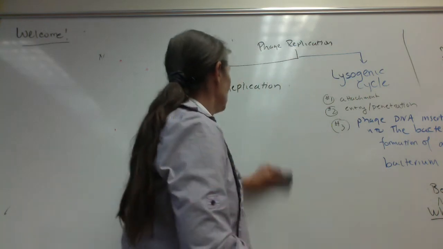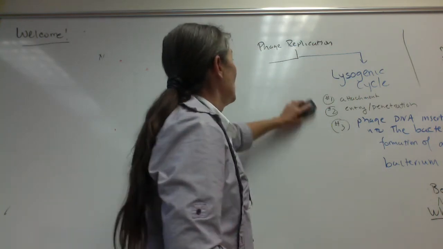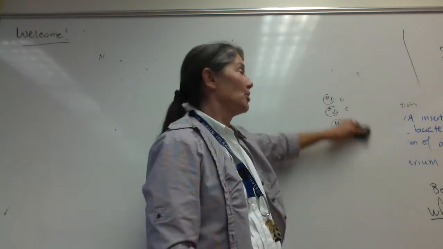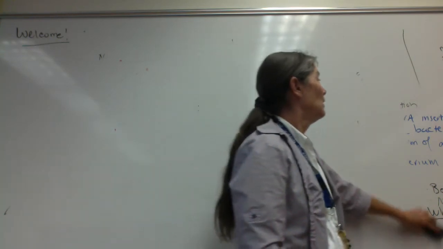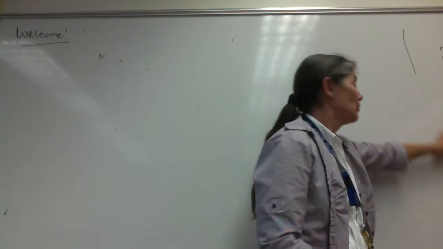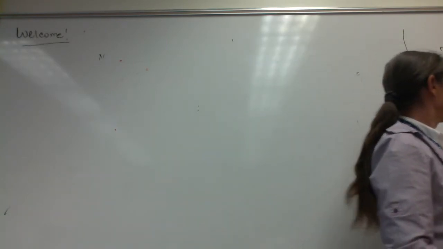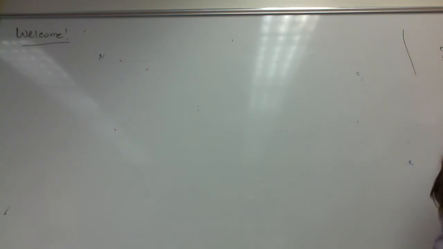So again, folks, if I asked you on the exam, if we're talking about horizontal gene transfer, what is transduction? If it was like a short answer question, what would you tell me?